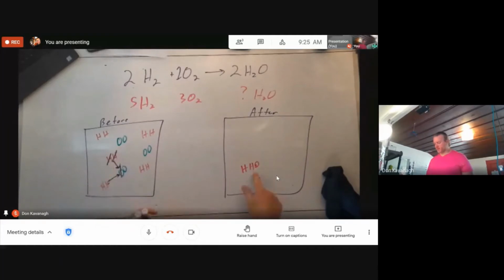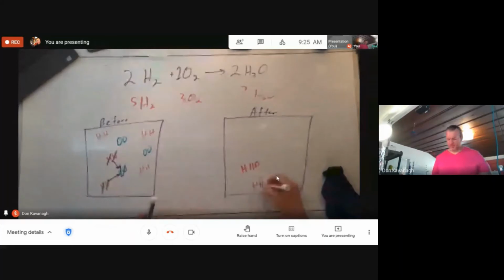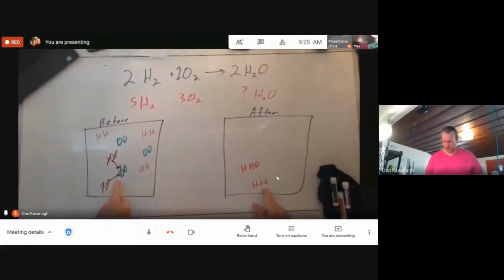2 hydrogens, oxygen, 2 hydrogens, oxygen. Could happen again. Up here, this hydrogen and oxygen, they could collide with each other and a water, H2O, could be produced.